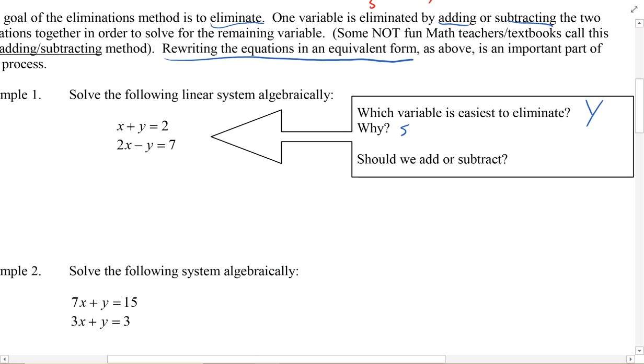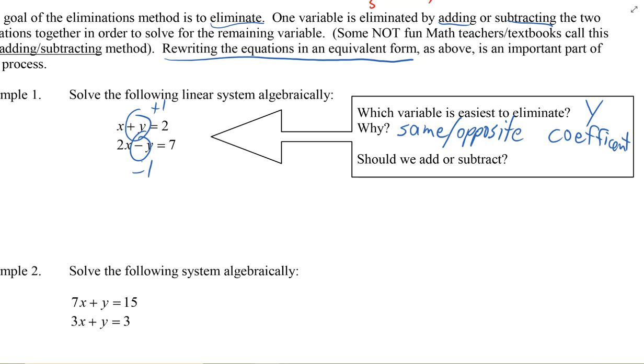Because they have the same or opposite coefficient. So this is a +1 and this is a -1. Those are the same numbers, 1 and 1. It's wonderful. One's positive, one's negative.